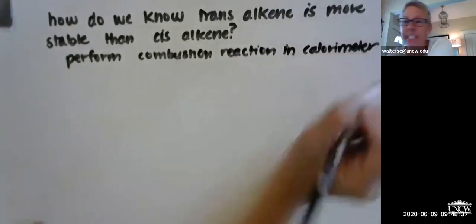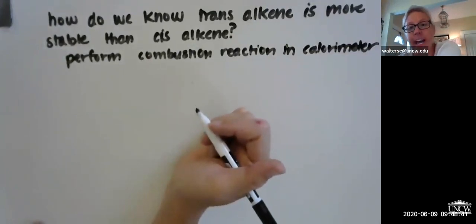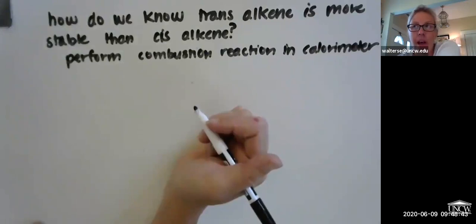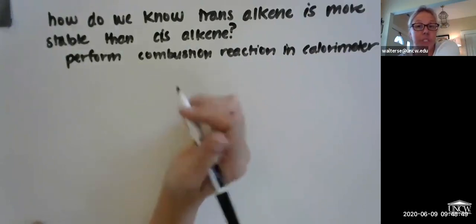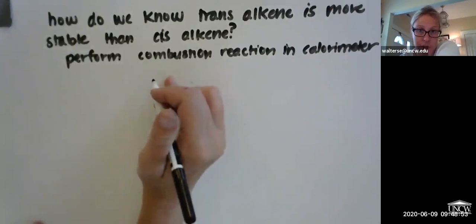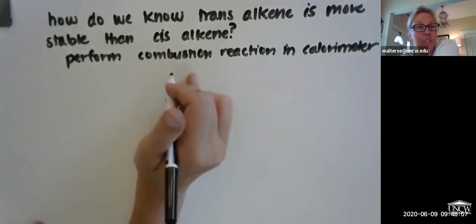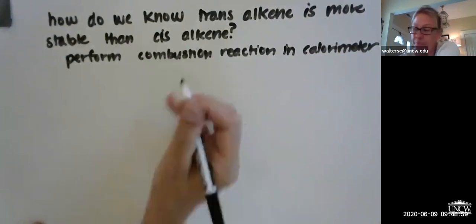Okay, now you did calorimetry in 101. It's where you do a reaction inside of nesting coffee cups, and you measure the change in the temperature of the solution as the reaction proceeds. Now, you can't perform a combustion reaction inside coffee cups because you'll melt the styrofoam, but you can do combustion reactions in what's called a bomb calorimeter.